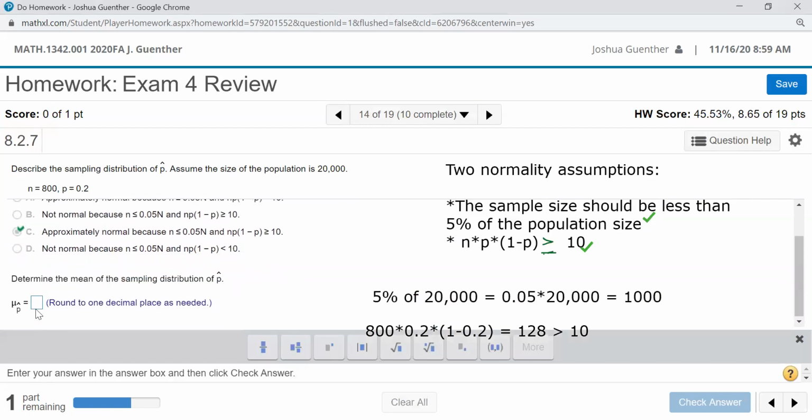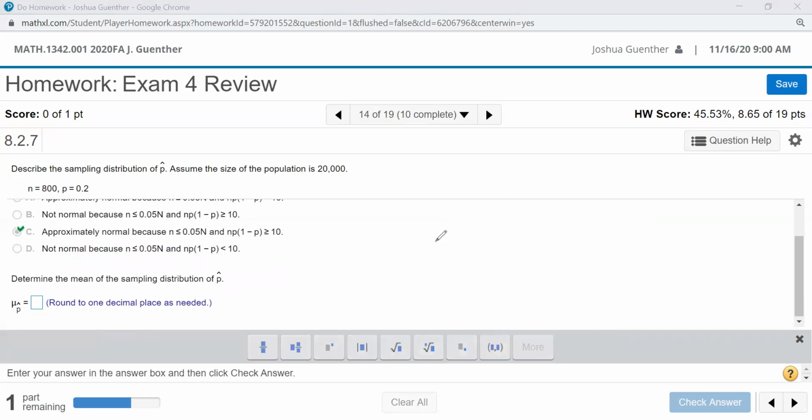The mean of the sampling distribution of p hat is going to be the same as p. So I'll work this one with you. In other words, mu sub p hat, the average p hat you should be getting, the average sample proportion you should be getting, is exactly the proportion of the population.